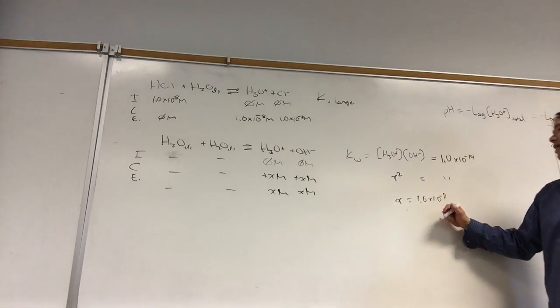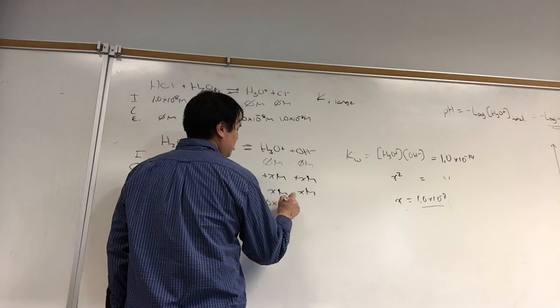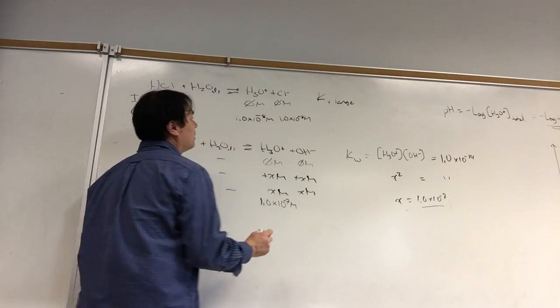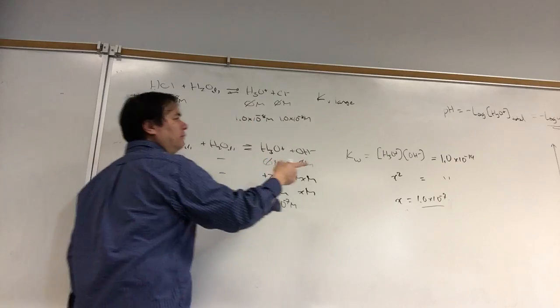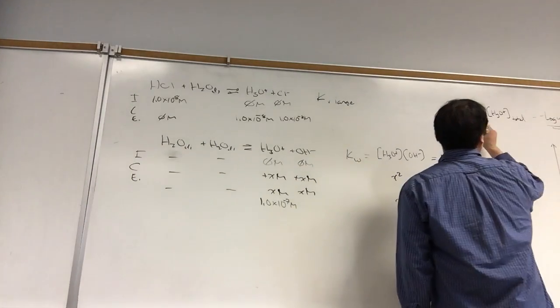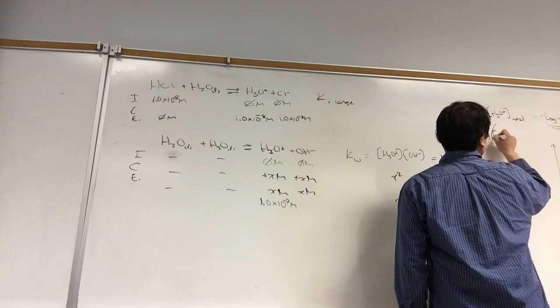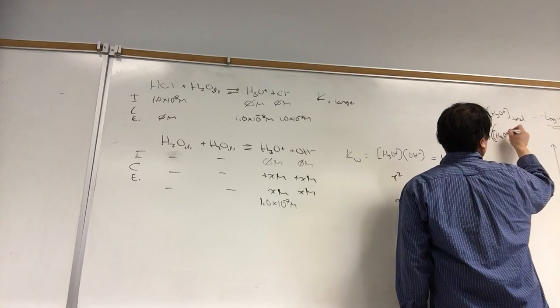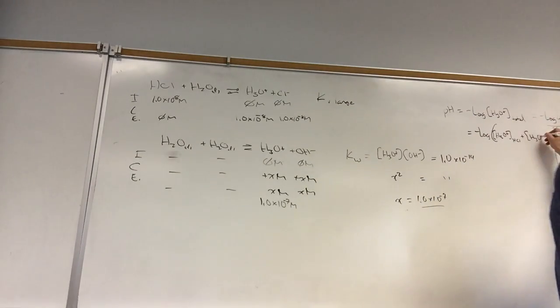Oh, okay. So we have this, and it's going to be 1.0 times 10 to the minus 7 molar. If we need the total hydronium, then the pH is equal to the negative log of the hydronium from the HCl plus the hydronium from the water.